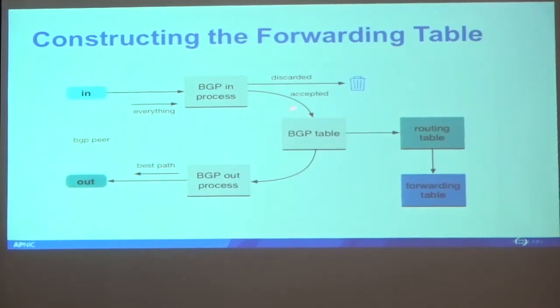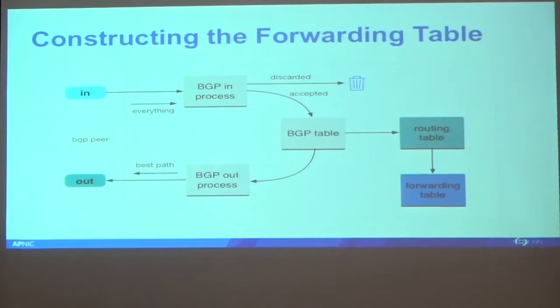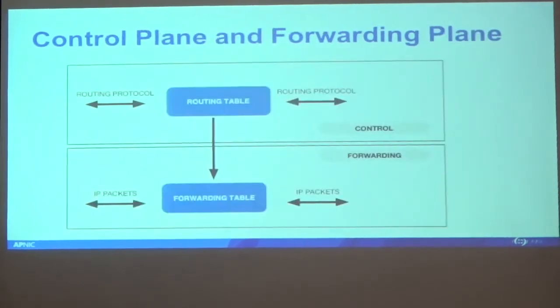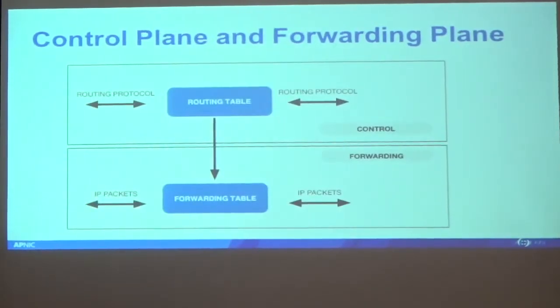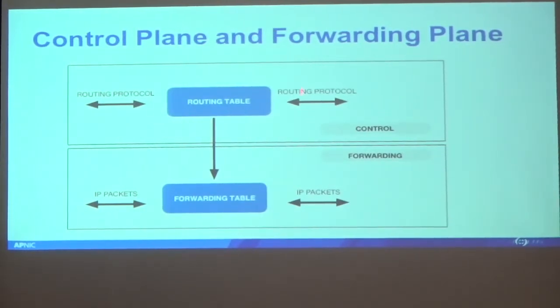Now, going back to BGP, you have a BGP out process. The best path will be announced to this BGP router's neighbors. Right? Very easy concept. So there are two main planes here: the control plane and the forwarding plane. In the control plane, you have your routing table. The routing protocols are working.